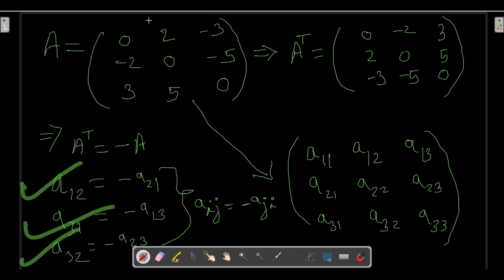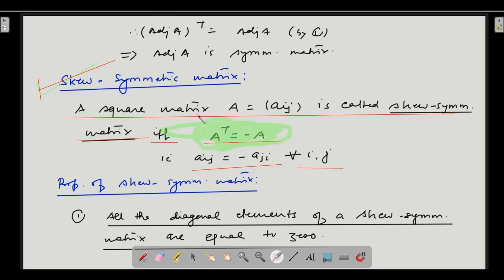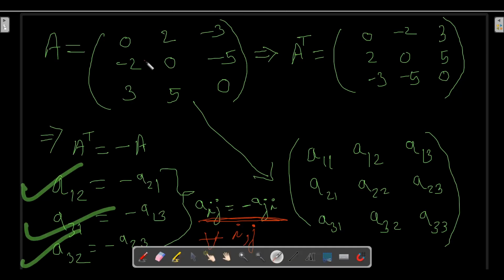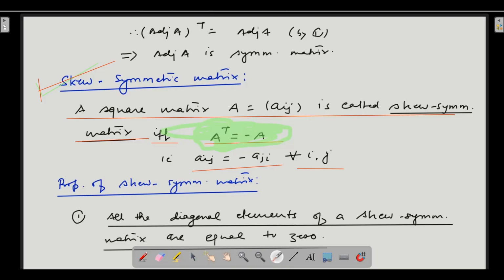It implies that this condition is correct, that is Aij is equal to minus Aji for all i, j. This is the condition which this particular matrix satisfied. Such matrices are called skew symmetric matrices.